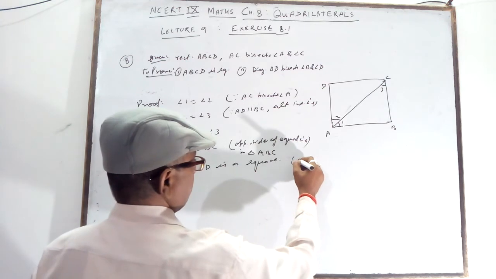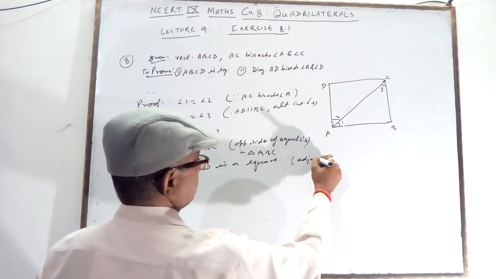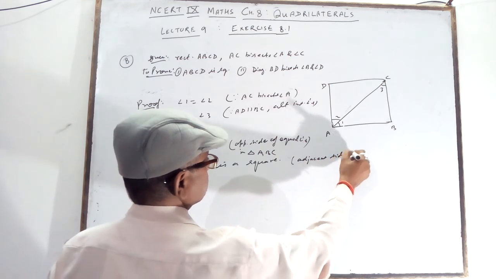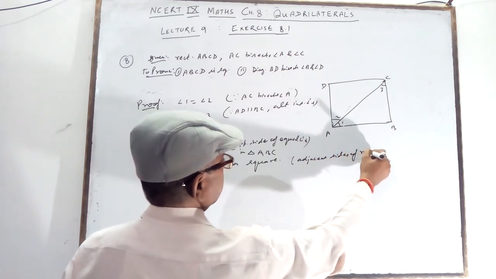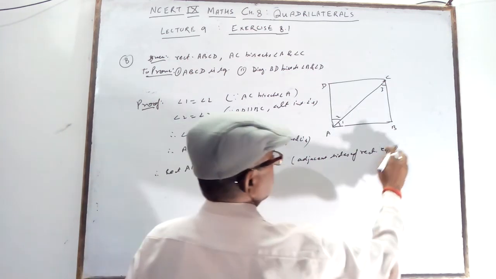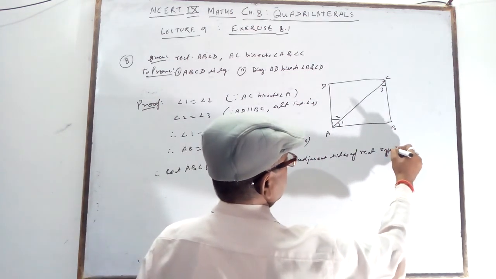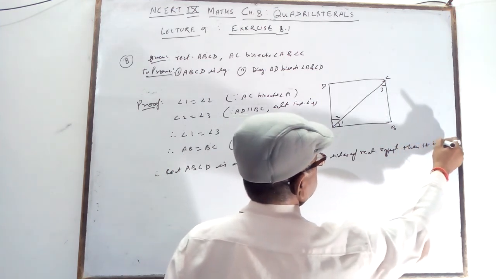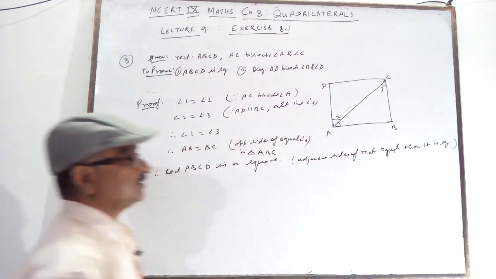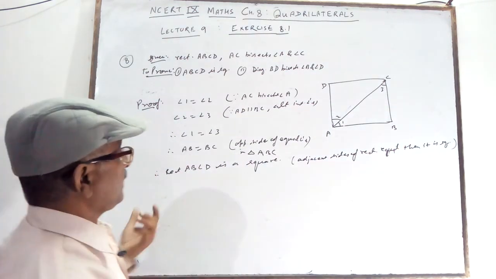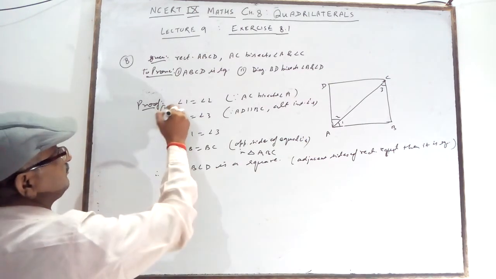Reason: adjacent sides of rectangle equal, then it is a square. That you know. So the first part is over.